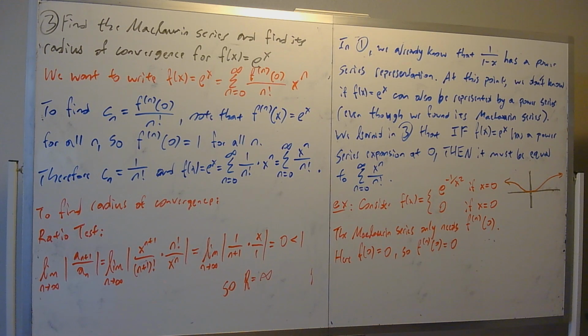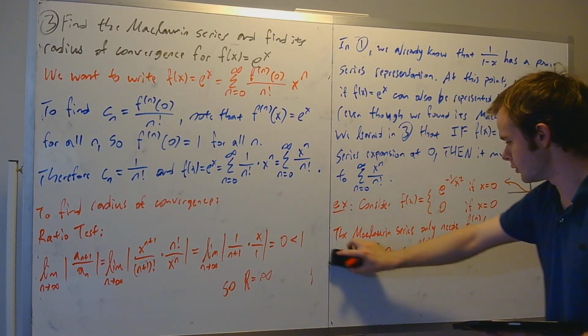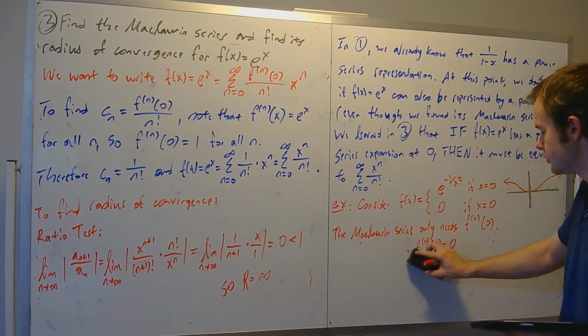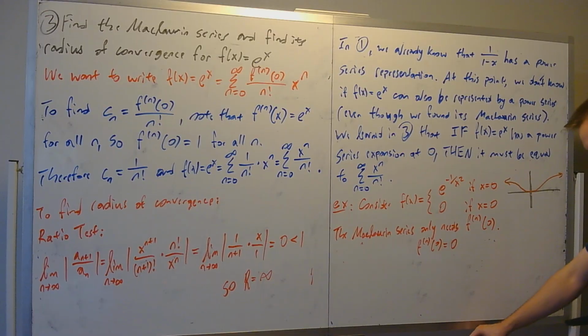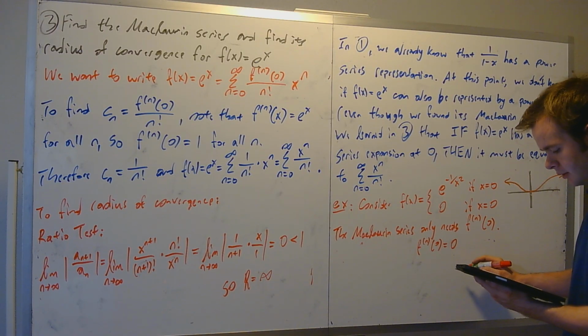Essentially what we get here is that the nth derivative of this function at 0 is also going to be 0 for all n.